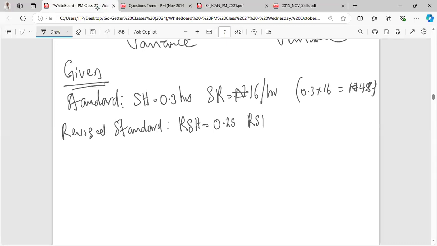Revised standard rate is 20 naira per hour. So it's something like 0.25 times 20, which is something like 5 naira. That's what we were given.